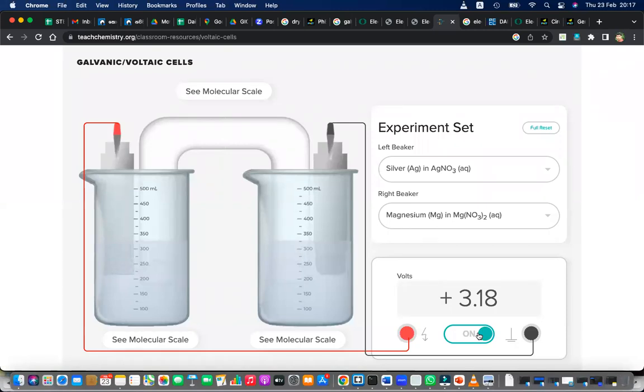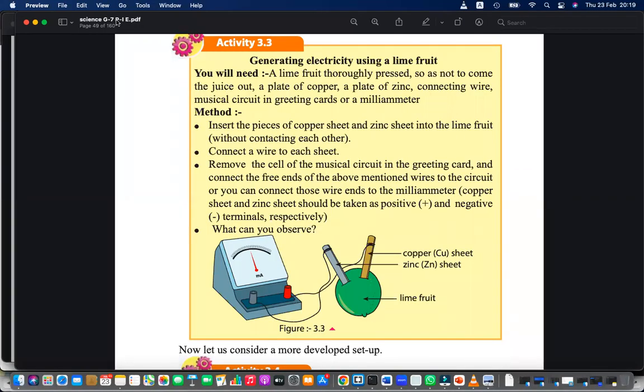Anyway, let's see this simple lime cell or lime battery and how things happen there. Let's plan according to the example in the book.